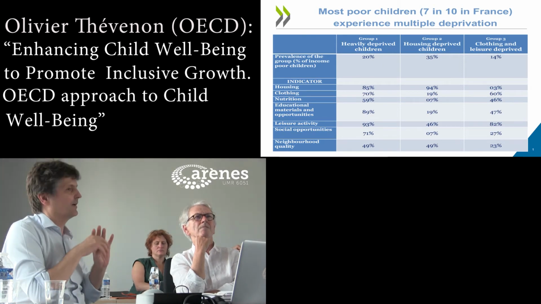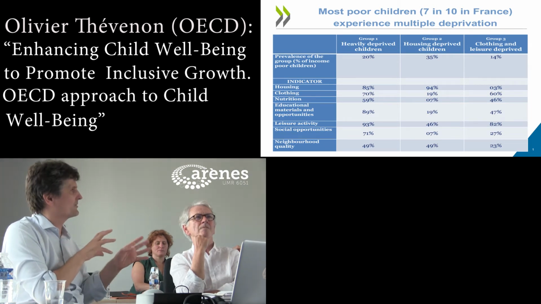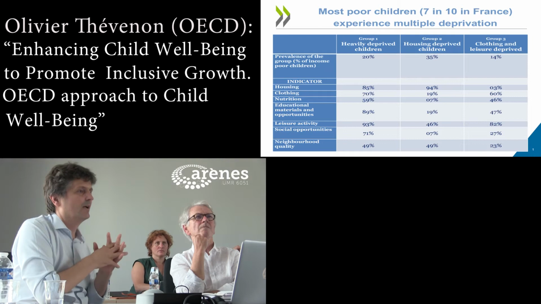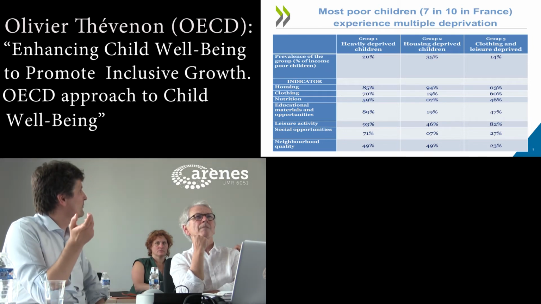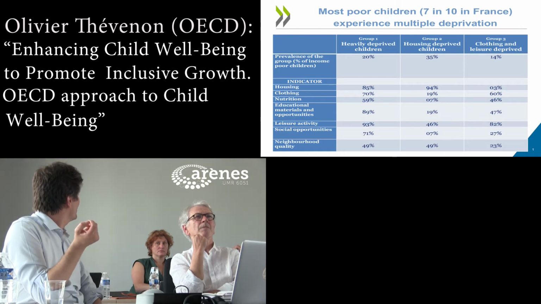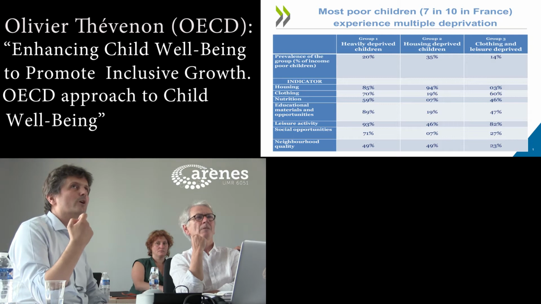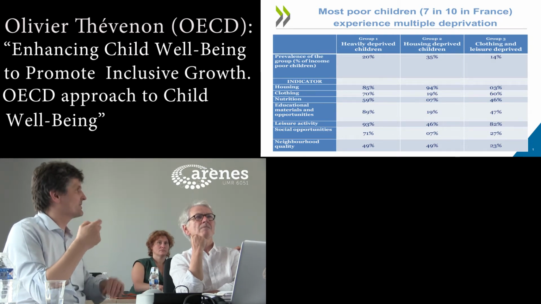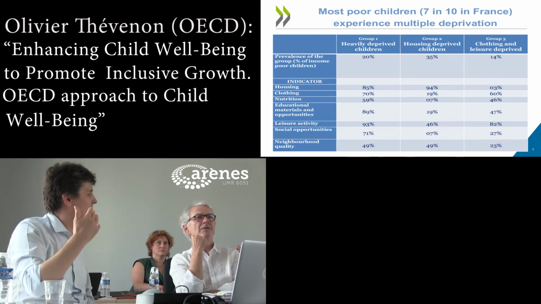So the combination of the deprivations that they experience is different. You have one group which represents around 1 in 5 income poor children, who are heavily deprived. They experience deprivation in all the dimensions.